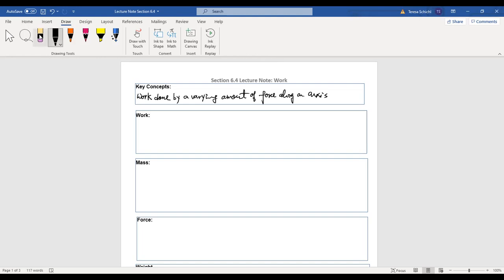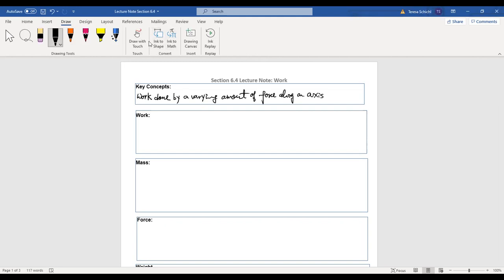This axis could be a line or could be a curve, so that's why we say, just in general, it's an axis here. How much total work has been done by a varying amount of force along an axis?